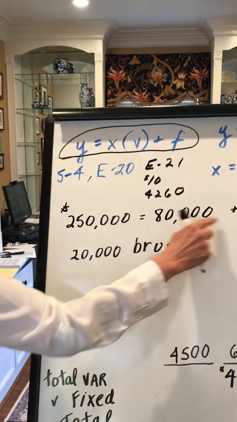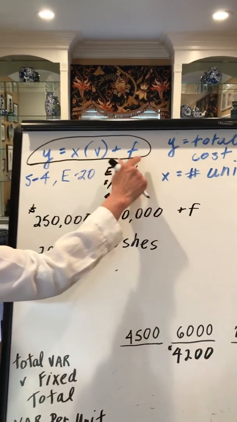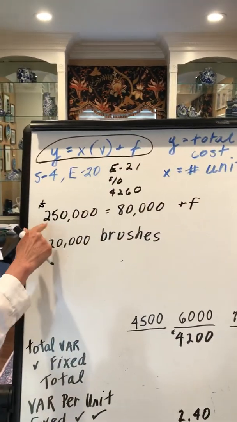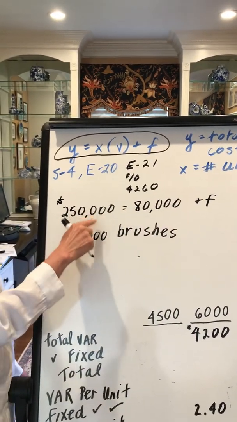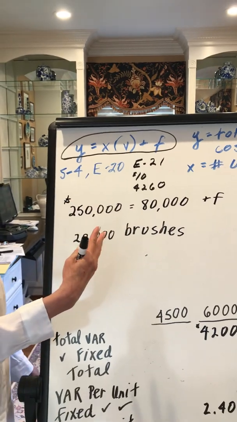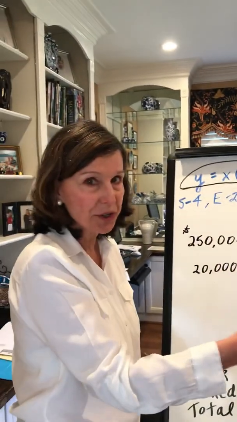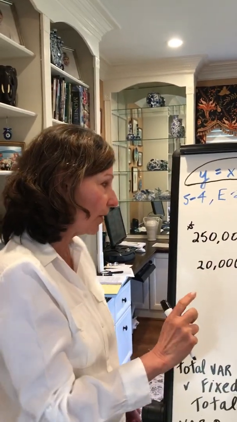Notice I've set this up like this. In many situations like this, it's sort of like a puzzle. We're given some information and we need to figure out the rest.